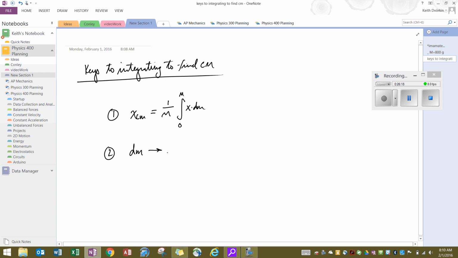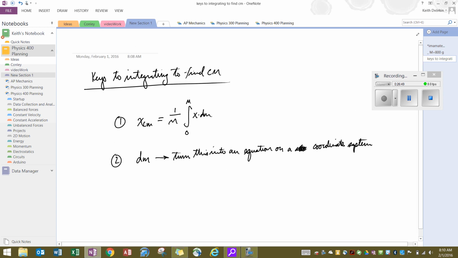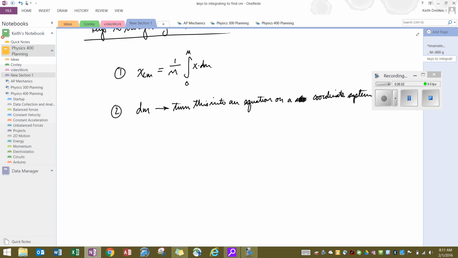So dm, we're going to turn this into an equation on a coordinate system. And this is the part that's tricky, especially if it's the first time you've seen it. So we'll look at a couple more examples, but let me just remind you what we did.